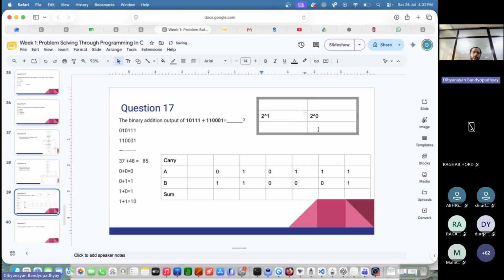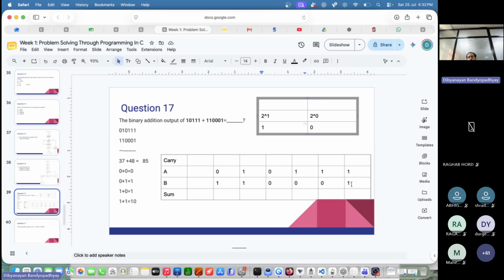So if you provide this as 0 and this as 1, you place 0 in position 0 and 1 in position 1. Then what is the decimal value of it? 0 into 2 to the power 0 plus 1 into 2 to the power 1, right? So 0 into 2 to the power 0 is 0. 1 into 2 to the power 1 is 2. So how to represent 2 in binary? 1 0. So 1 plus 1 is basically 2, right?